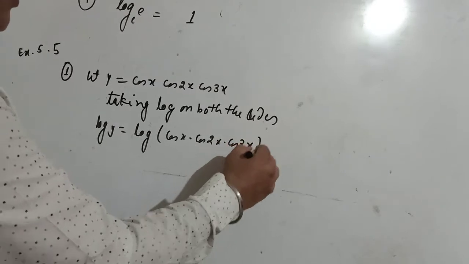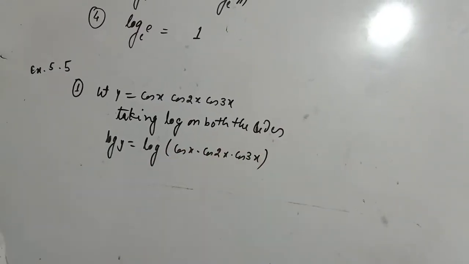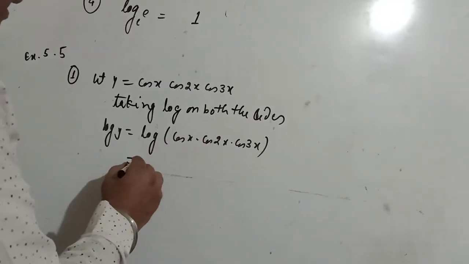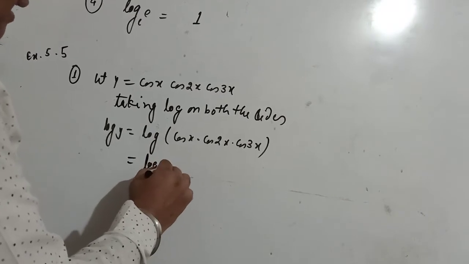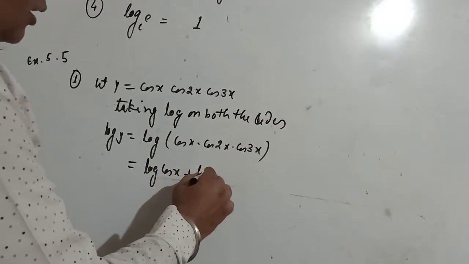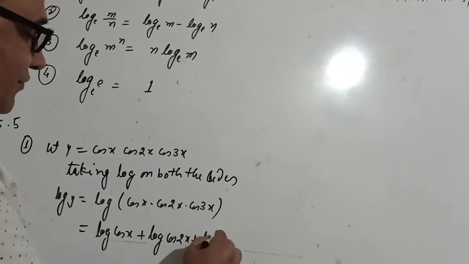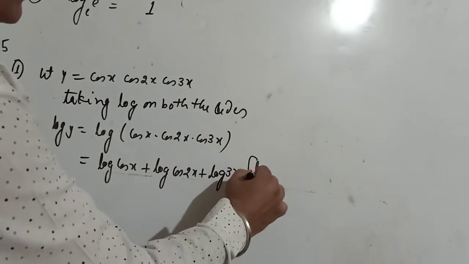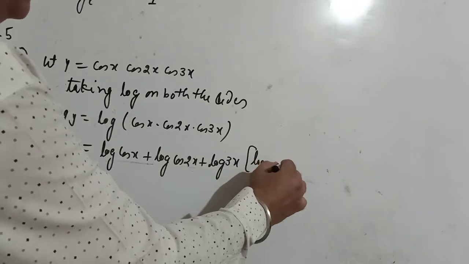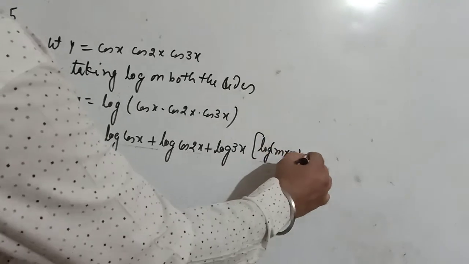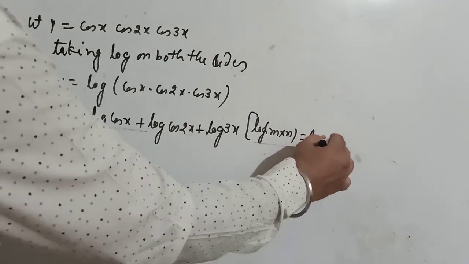Which property will be used? Log m into n into p. Multiplication becomes addition: log cos x plus log cos 2x plus log cos 3x. Which property is used? Log m into n is log m plus log n.